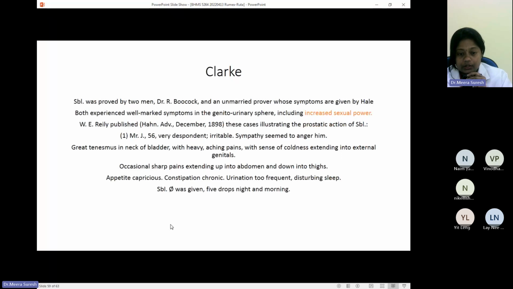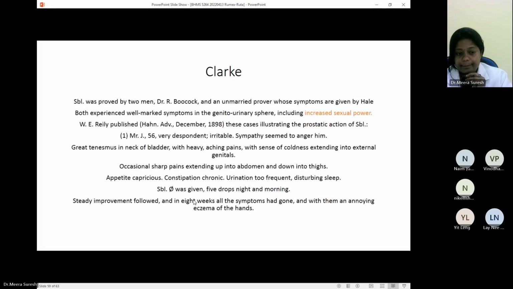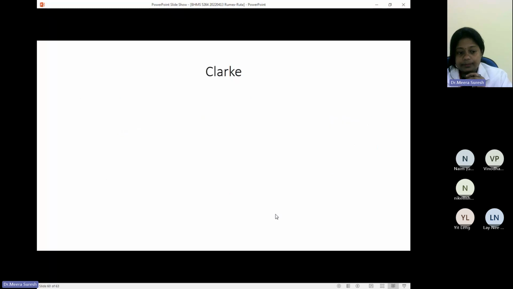Sabal serrulata, 5 drops night and morning, was given. All the symptoms, in the genitals, urinogenital area and the prostatic complaint, were relieved. Steady improvement, and in 8 weeks all symptoms had gone.